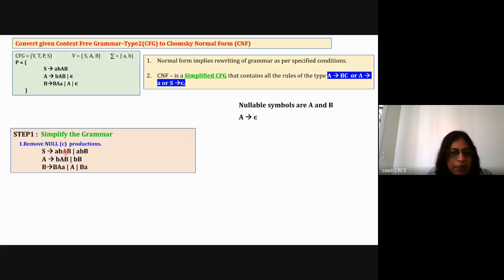If I put A is equal to epsilon and then B is equal to epsilon, that is already taken care of, because it is directly given that B is equal to epsilon. So this is done for A is equal to epsilon.